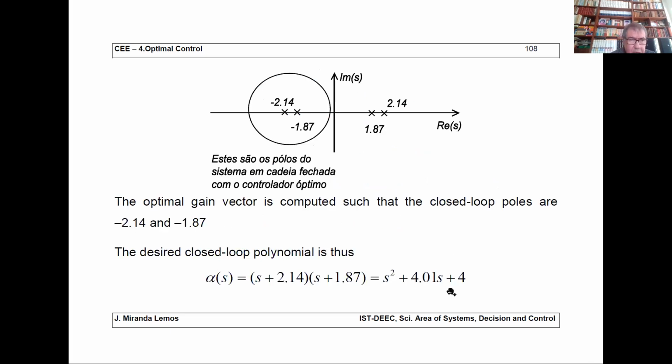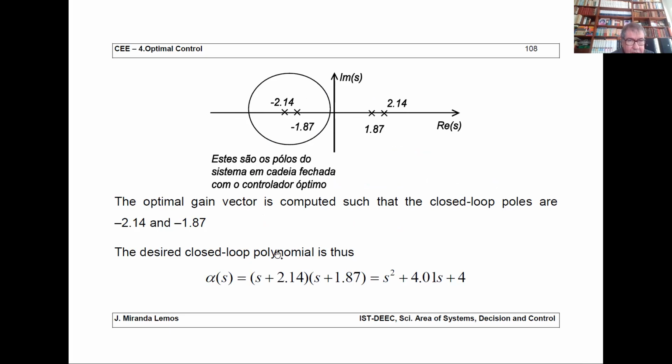So you have these four roots. These are the roots of polynomial delta. Two on the left and two on the right. The ones that are the optimal poles that I have encircled here are the ones on the left. So your optimal closed loop poles will be minus 2.14 and minus 1.87.